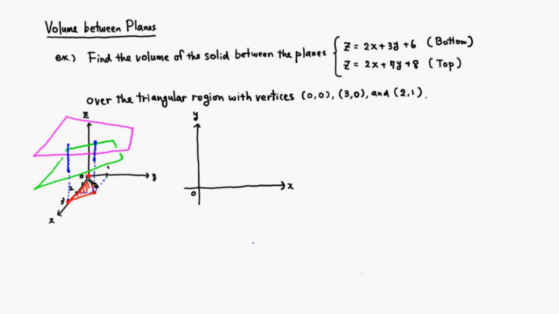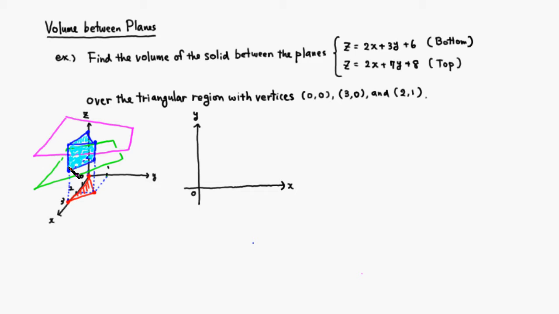So you would have a solid which looks probably like this, and let's see if I can color this. So this is the solid. It's like a triangular cylinder looking solid there.